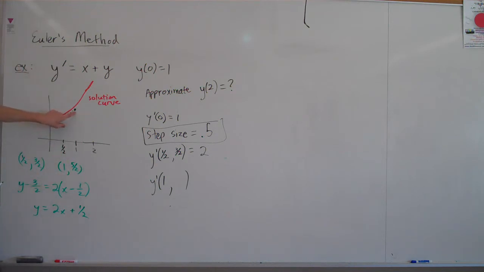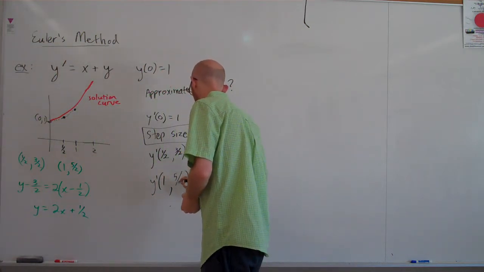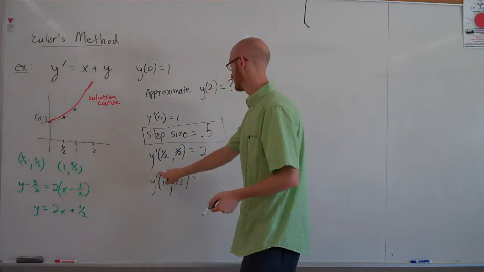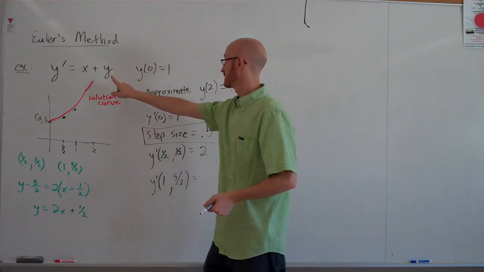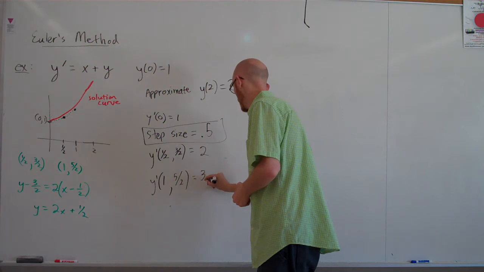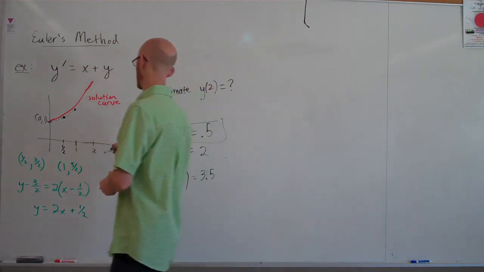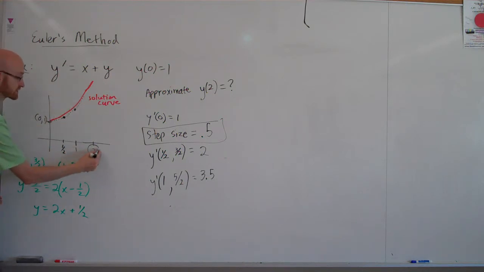Which means that point right there is 1 comma 5/2. So we then keep going. 1 comma 5/2 substituted into y prime, and we see 1 plus 5/2 is 7/2, also known as 3.5, and then we go to our point and we say, now I'm going to go a slope of 3.5. And then you continue this process until you've found an ordered pair at the desired point.